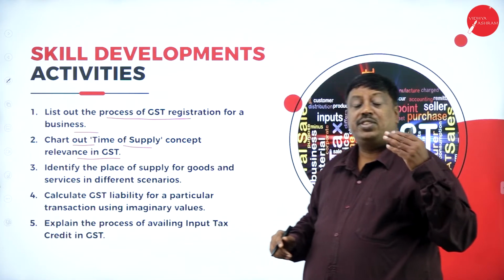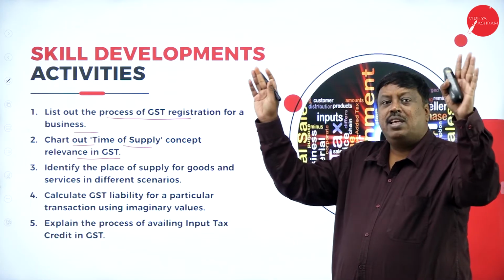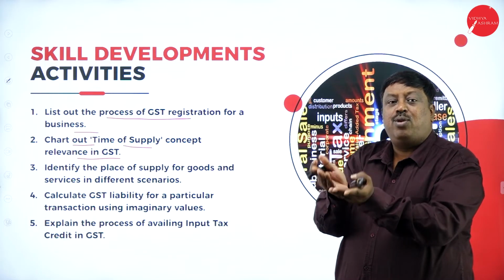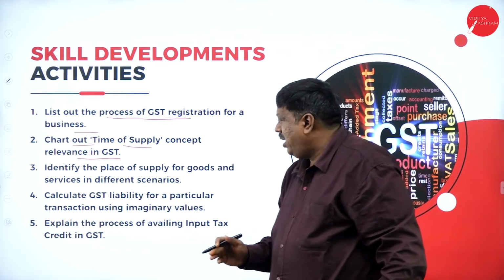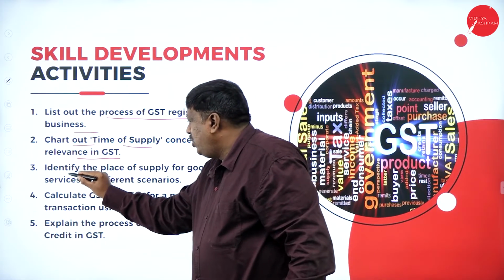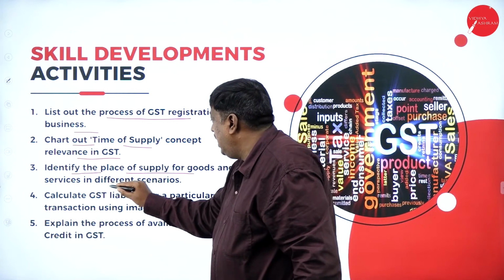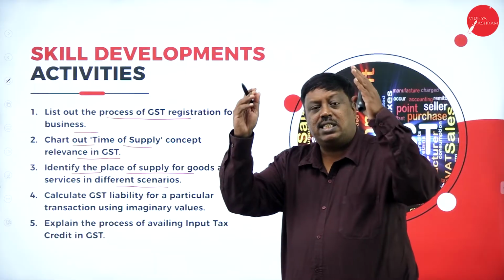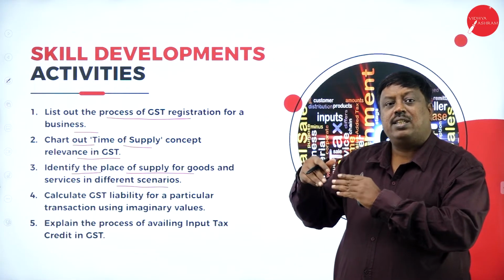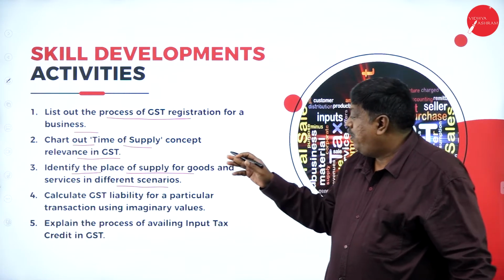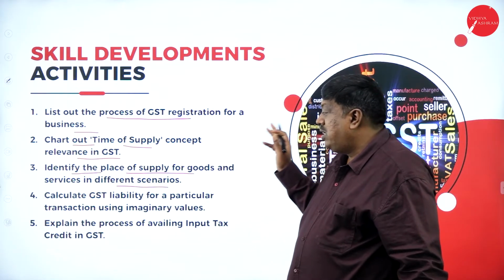Based on the concept of GST, we are going to have a graphic image and flow chart for the time of supply. We're also going to identify the place of supply for goods and services in different scenarios. We're going to list them and prepare a chart-based concept for the place of supply also with different scenarios.